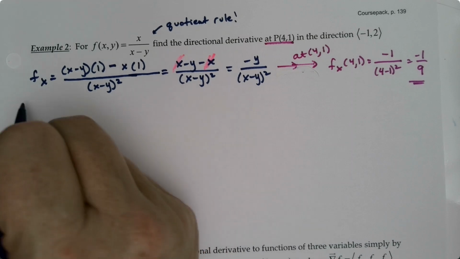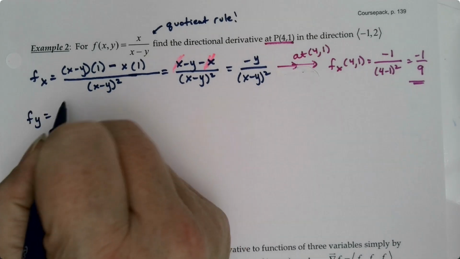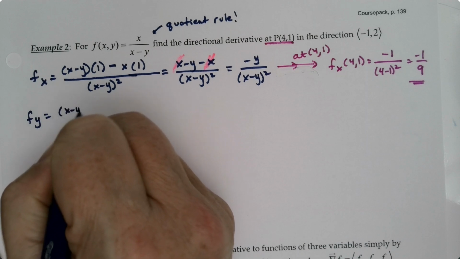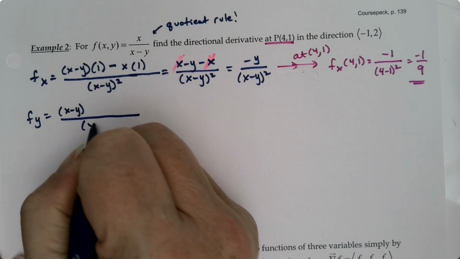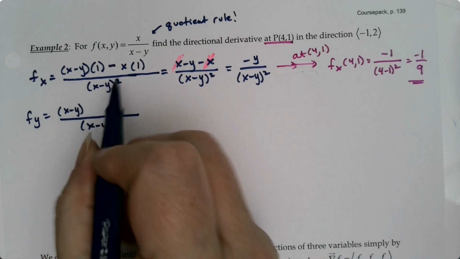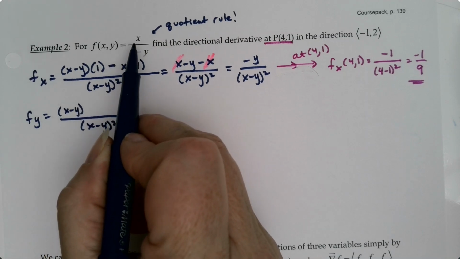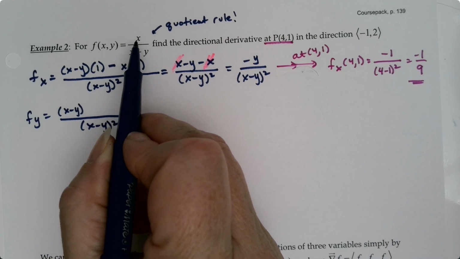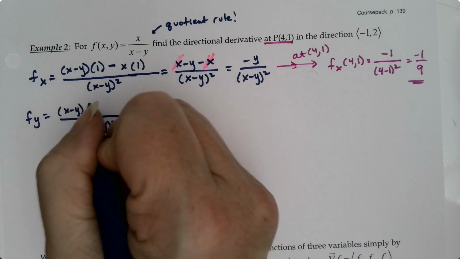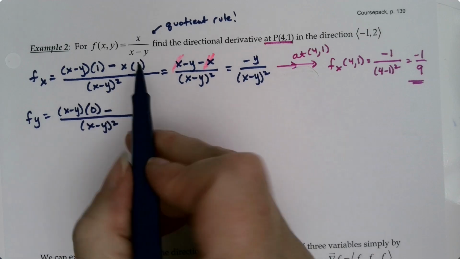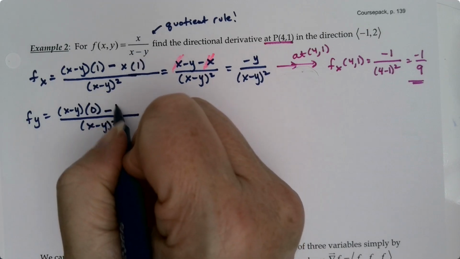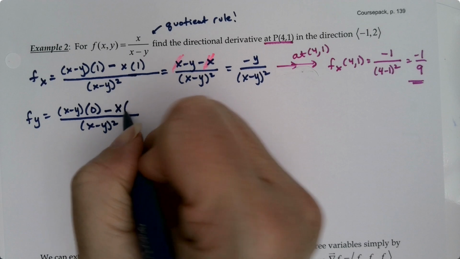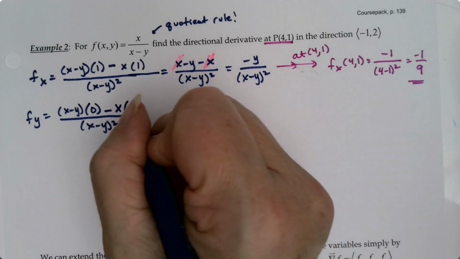All right, now we have to do it again. F sub y is, and again we have to do the quotient rule, so x minus y squared. Now the derivative of the numerator with respect to y is 0 because there is no y term, which is going to make things nice and easy. And then we write the numerator x, and the derivative of the denominator with respect to y is negative 1.